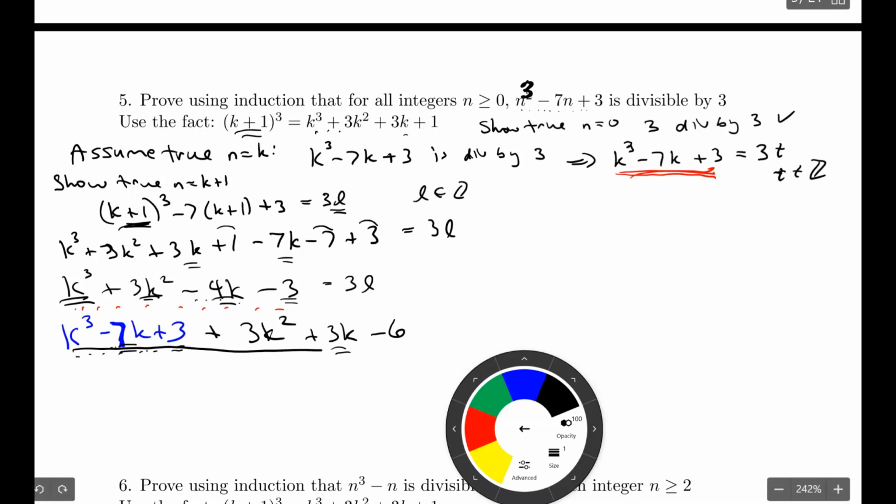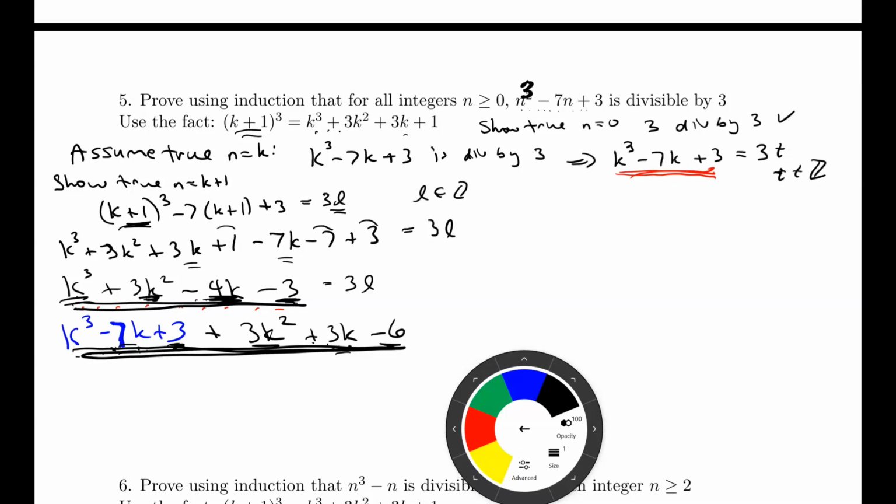So just overall, these 6 terms make those 4 terms. k cubed, negative 7k plus a 3k gives me a negative 4k. Here's my 3k squared. And then to get to a negative 3, I have positive 3 and negative 6.